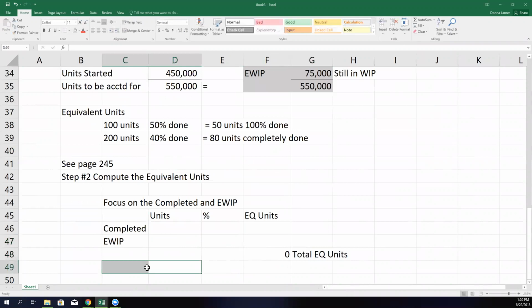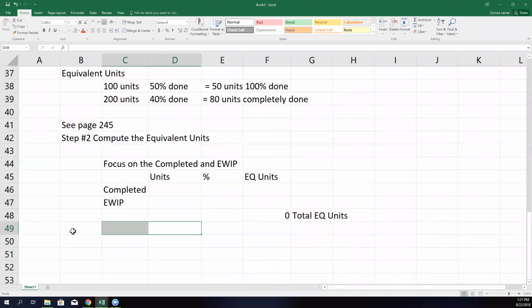So let's see if we can find some numbers to work that out with. Find an example exercise that we can practice computing equivalent units. We can look at exercise 26, staying right in line with the stuff we were doing.